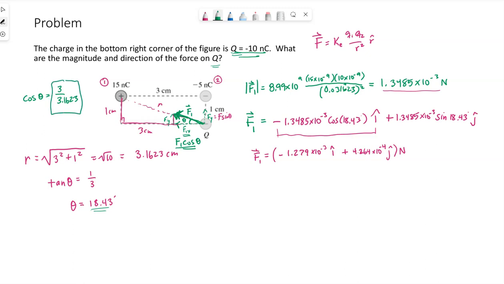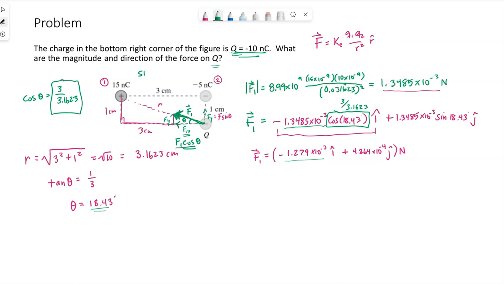And put this in for the cosine of the angle, because that's what the cosine of the angle represents, or is in terms of the dimensions of the triangle. When we take the magnitude of the force times that ratio, we get this 1.279.